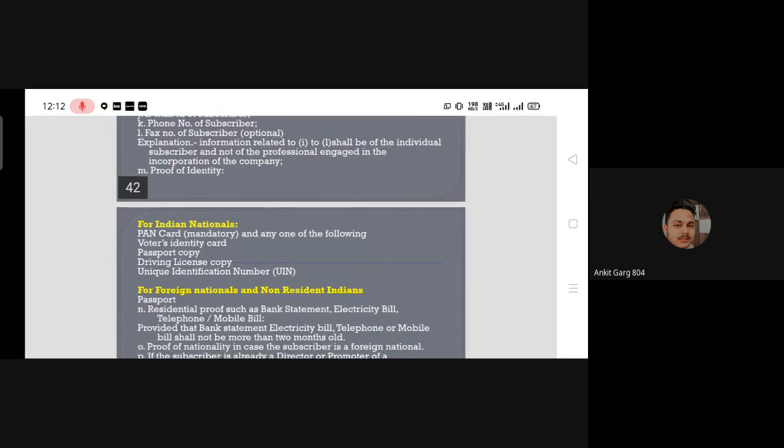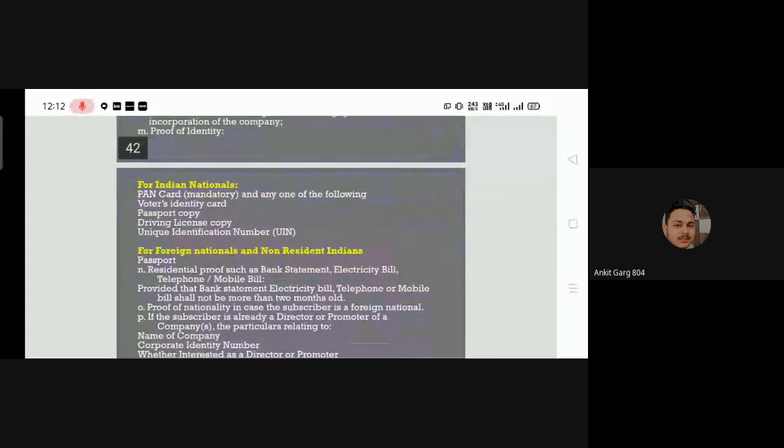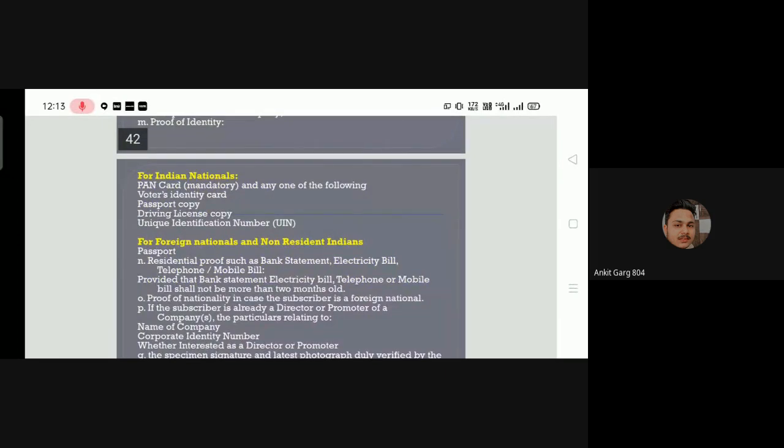Explanation: the information shall be of the individual subscriber and not of the professional engaged in the incorporation of the company.